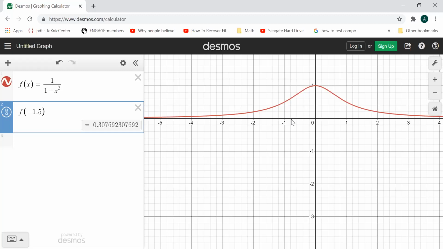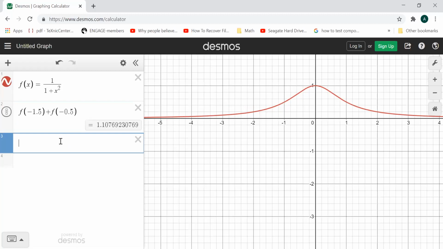All right. Now I'm going to calculate the value at -1.5, so let me go down a little bit here. There we go. As you can see on the graph, it turns out to be 0.308, but over here it is more precise. Plus f of -0.5, that's the next midpoint. So let me represent these things.